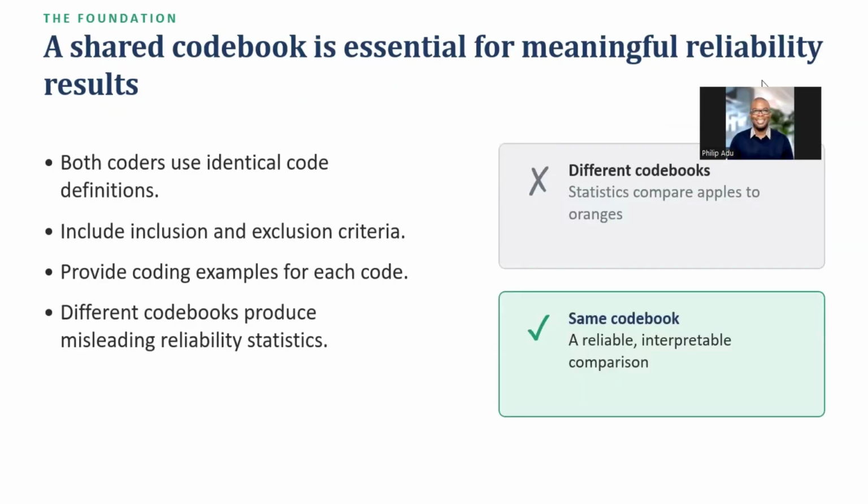In order to have a meaningful result, it's very important to have a shared code book, right? So this means that all the coders should have access to one code book, and they should be aware of the definitions of the codes and examples, and also the exclusion and inclusion criteria in terms of which part of the data needs to be selected, right?